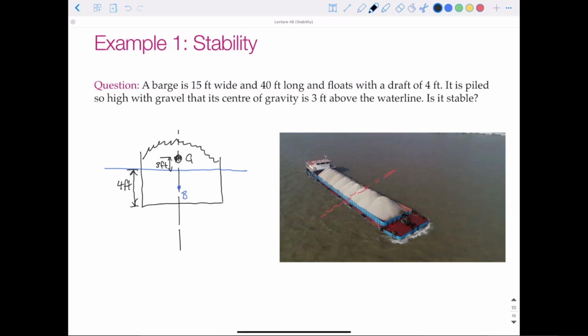So if it's symmetric, that means that there has to be half of that distance, 7.5 feet on each side. So we can write 7.5 feet. Label this as our water line. And then the last dimension it shows us is 40 feet long. So let's draw this on here maybe.